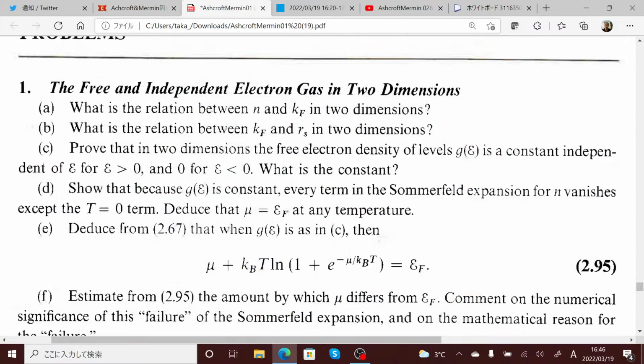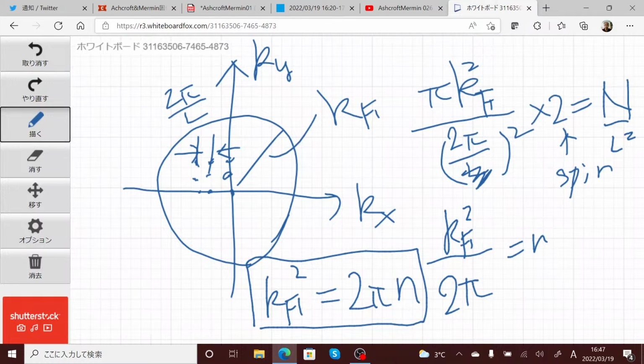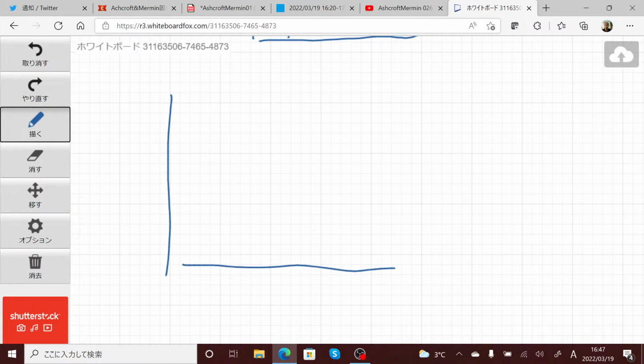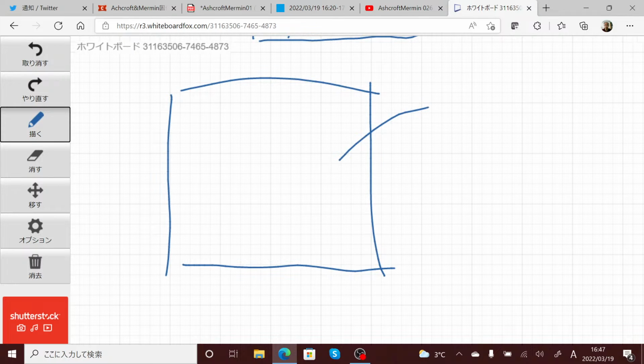What is the relation between Kf and rs in 2 dimensions? Okay, rs. We can do rs this way. Let's see, these are N atoms.